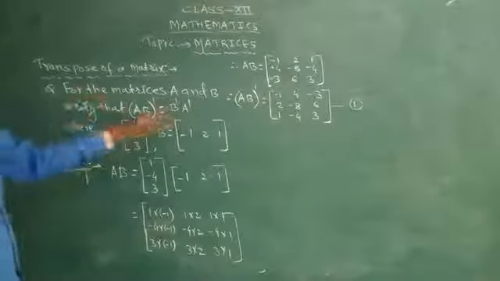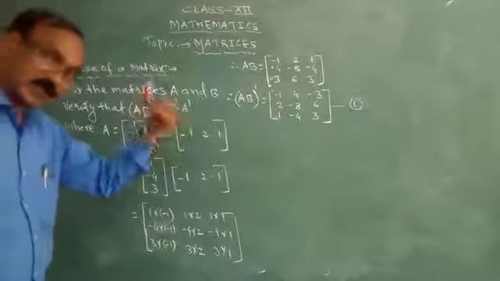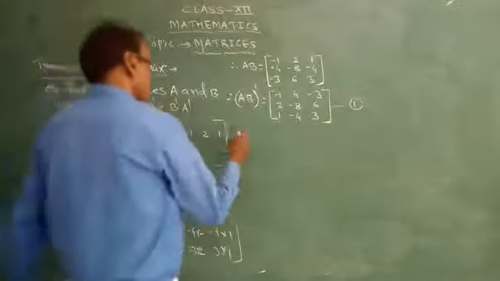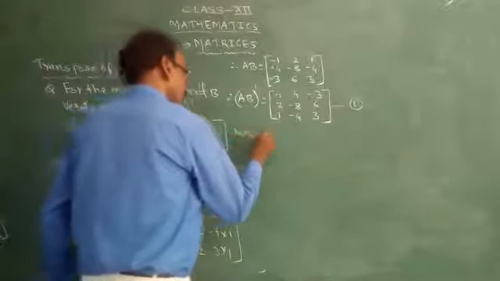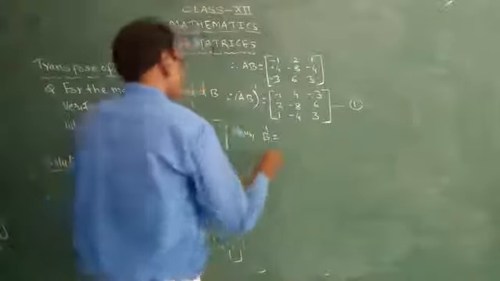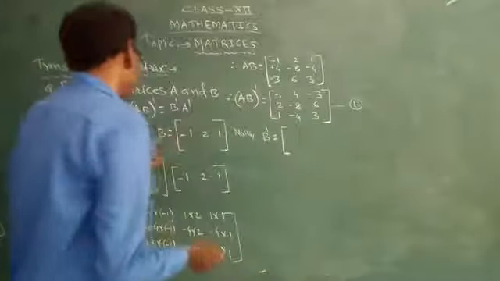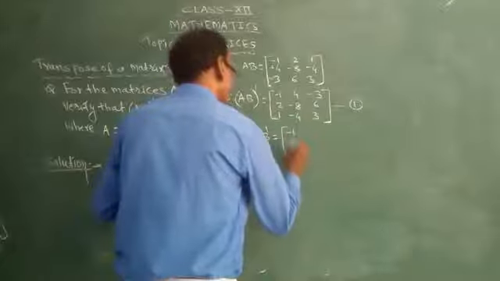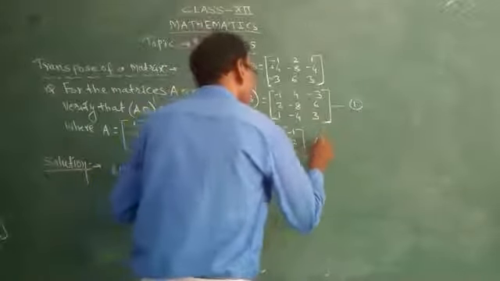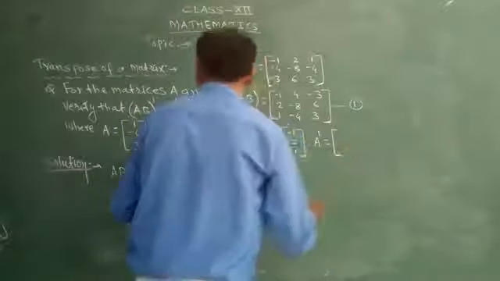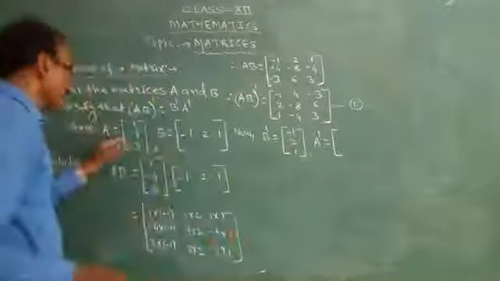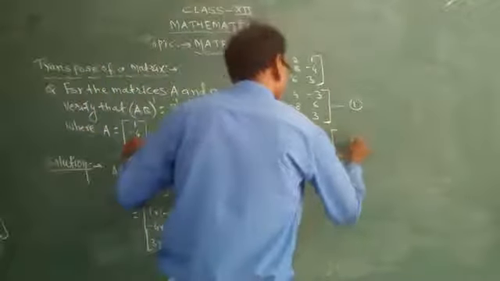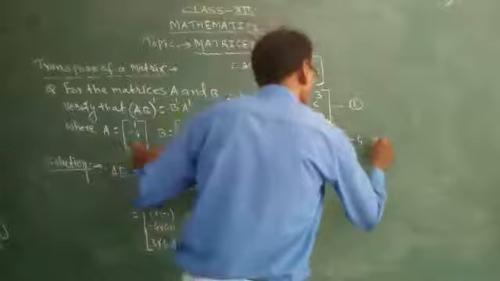Now separately take B transpose and A transpose, then take the products. Similarly, B transpose: this is a row, it becomes a column, minus 1, 2, 1, and A transpose: this is a column, it becomes a row, 1, minus 4 and 3.